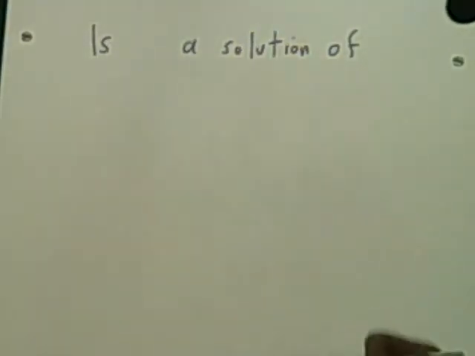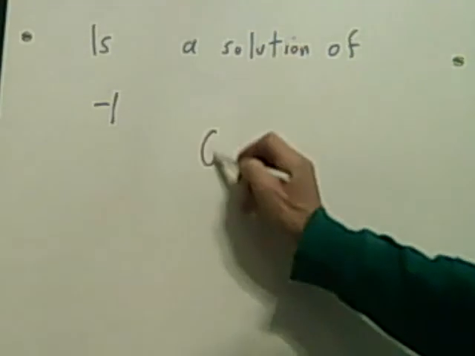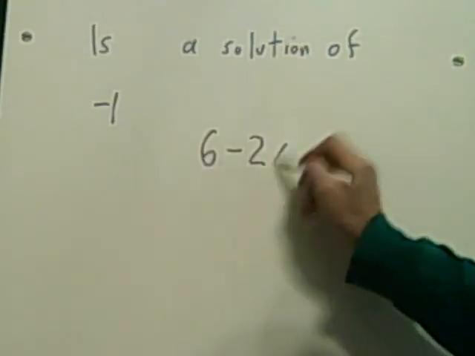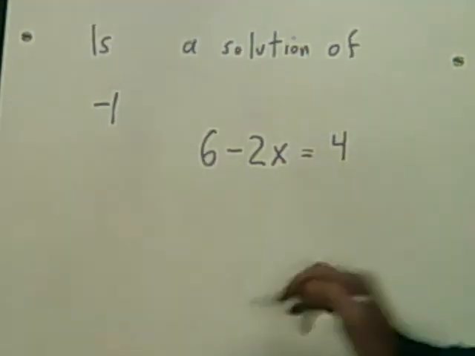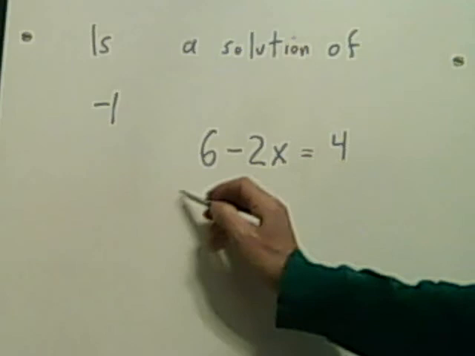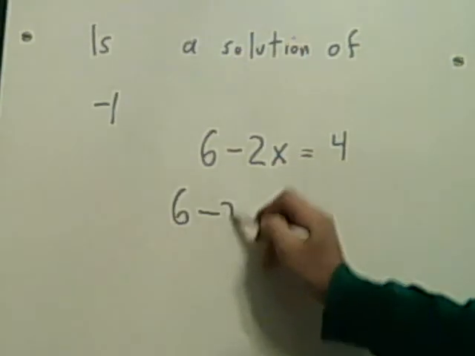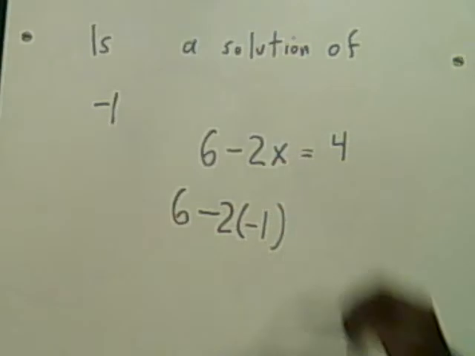Next one is number 6. Is -1 a solution of 6 minus 2x equal 4? Okay, I'm going to take the -1, put it into the x, and I'm going to get 6 minus 2 times (-1).